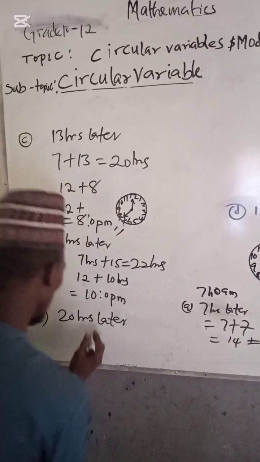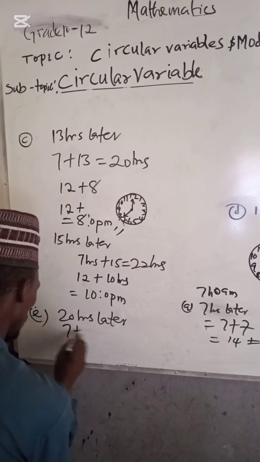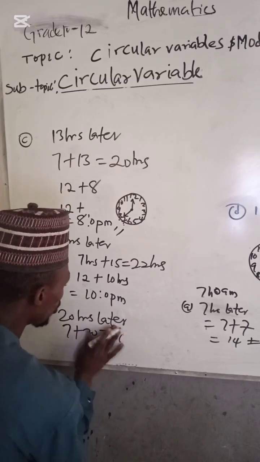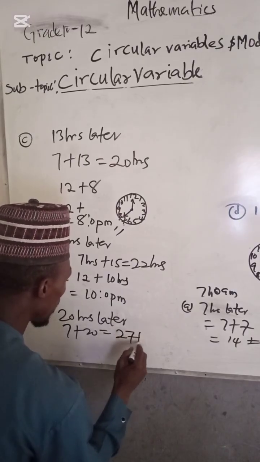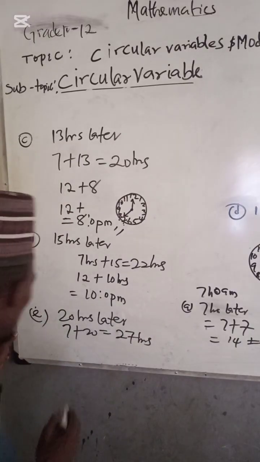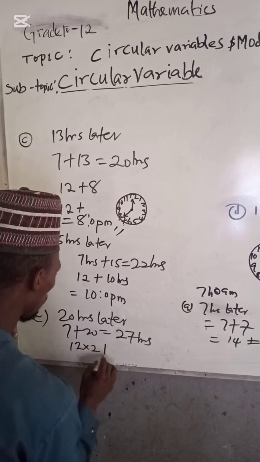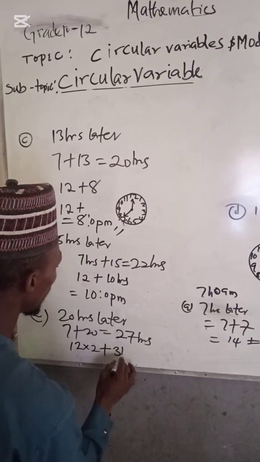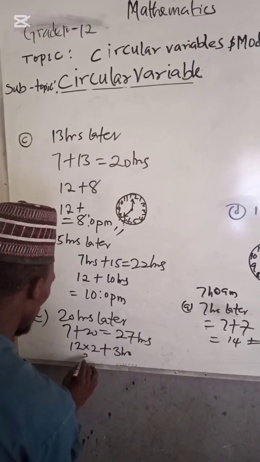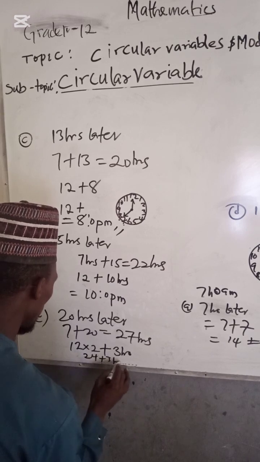Now let's look at it. 20 hours later is 7 plus 20. That gives you 27 hours. Now you have 12 times 2 plus 3 hours, because 24 plus 3 hours.